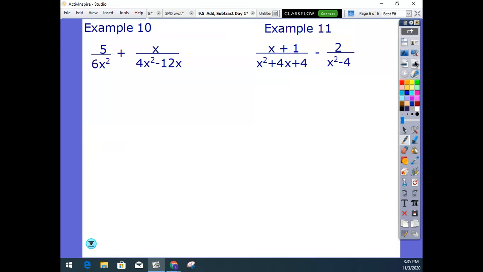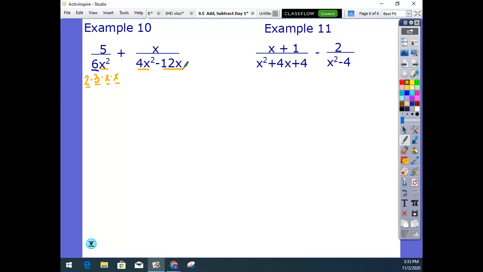All right, last set of problems. First of all, I want you to think about 6 is 2 times 3. X squared is x times x. There's no plus or minus here, so I can look at each factor separately.